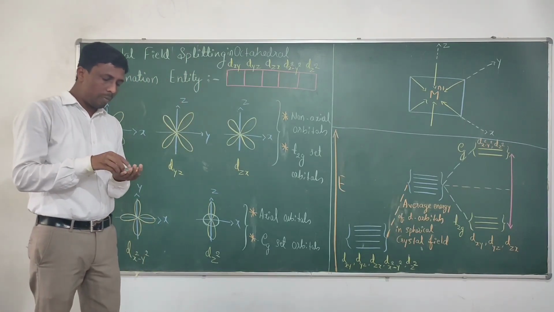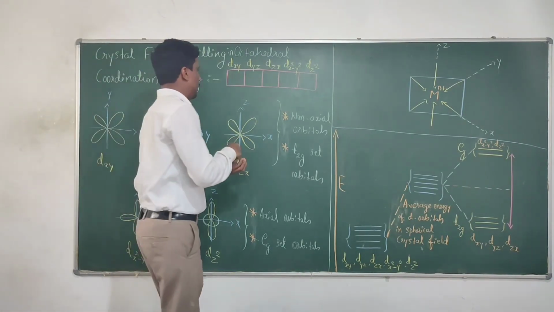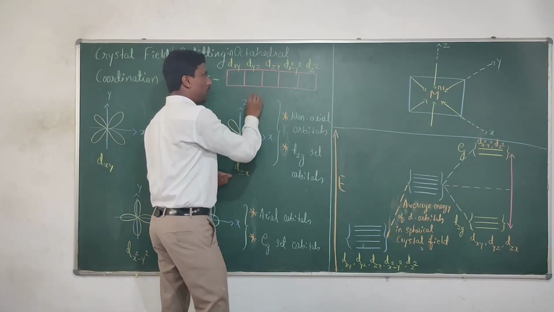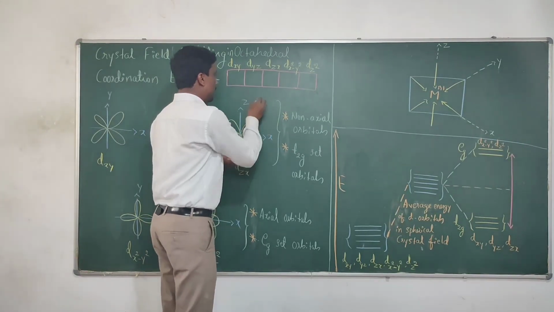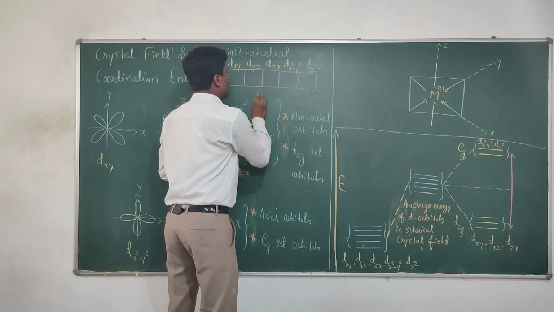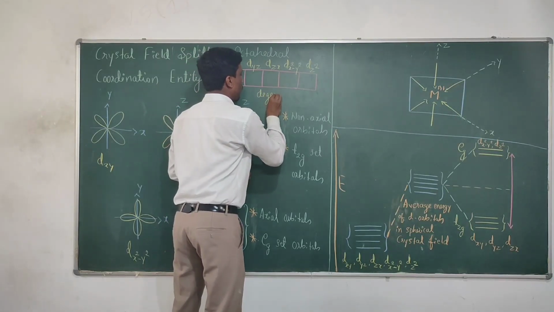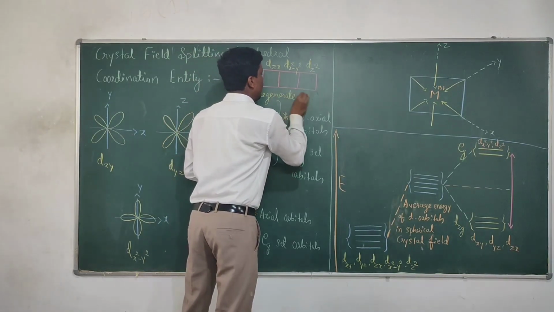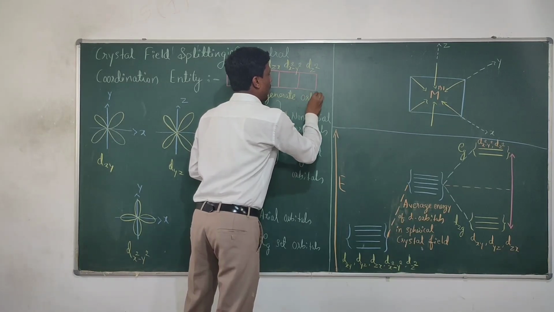These 5 d orbitals are together called degenerate orbitals.